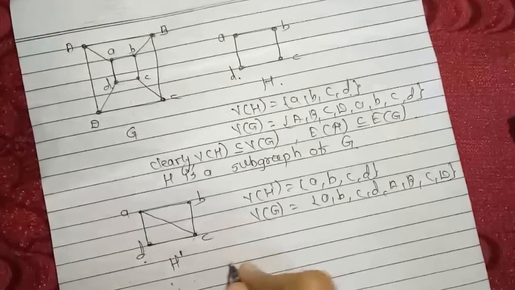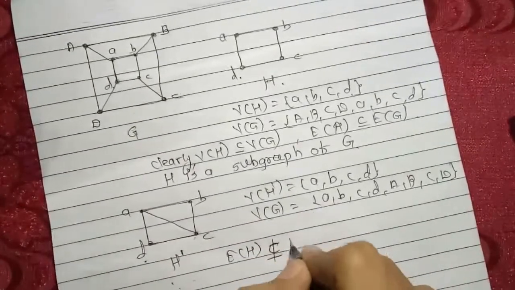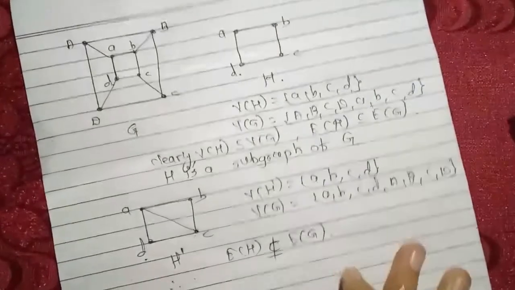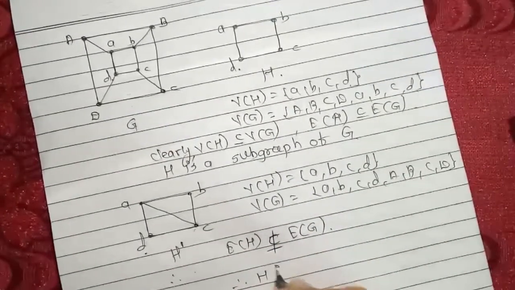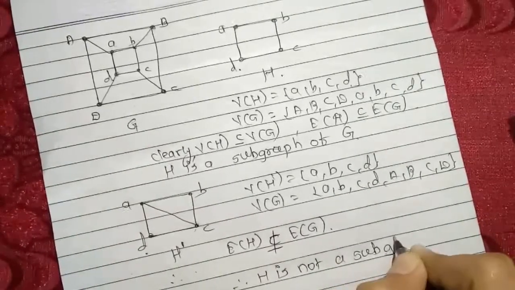Therefore the edge set of H dash is not a subset of the edge set of G, and therefore H dash is not a subgraph of G.